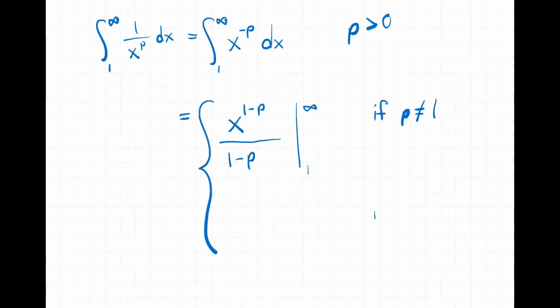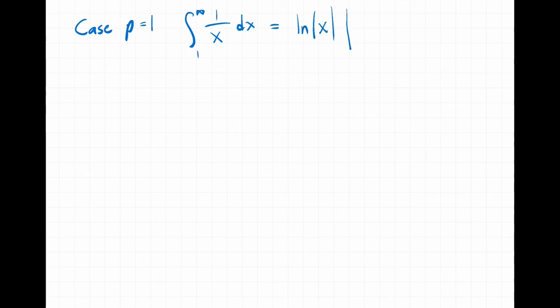If p does equal 1, well, then that means we actually had 1 over x as our function, and therefore the integral is actually the natural log of the absolute value of x. So either way, any value of p that we have, we can integrate this. We'll get different results depending on the value of p.